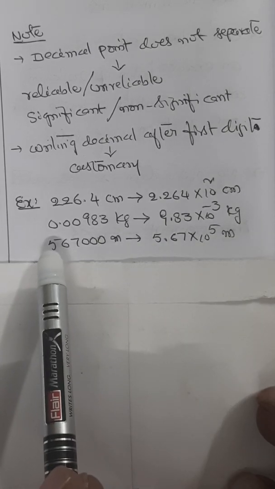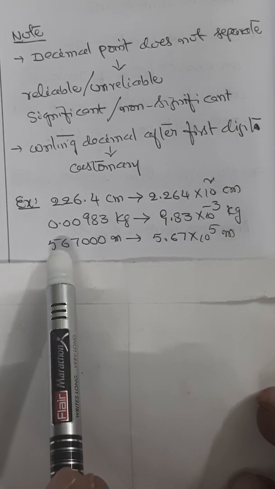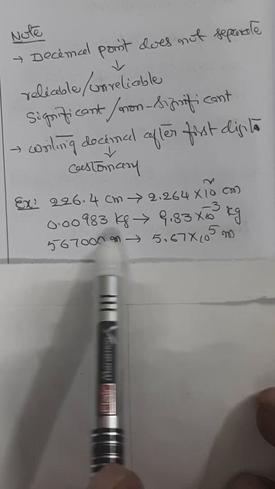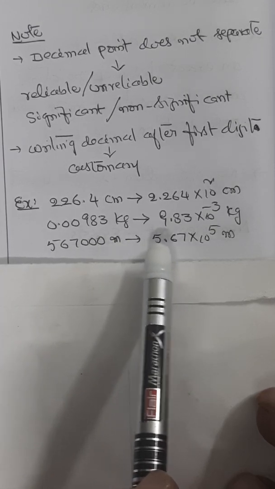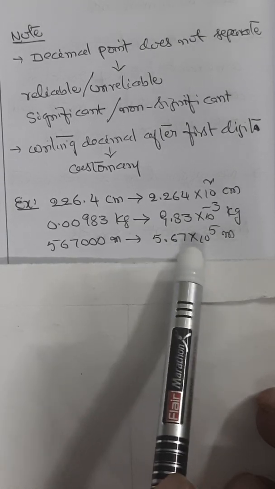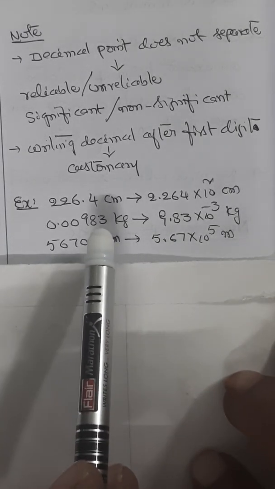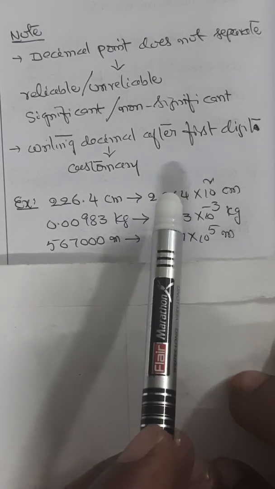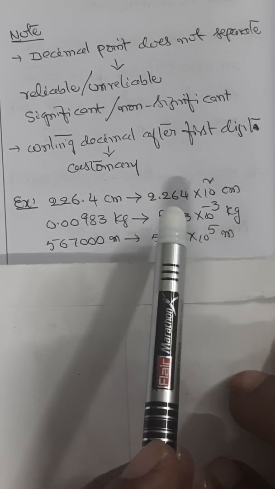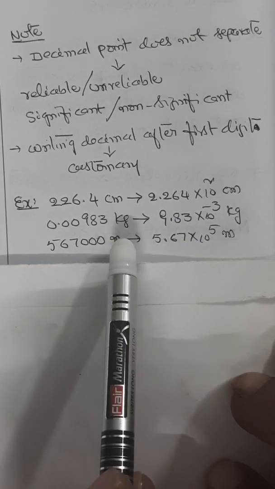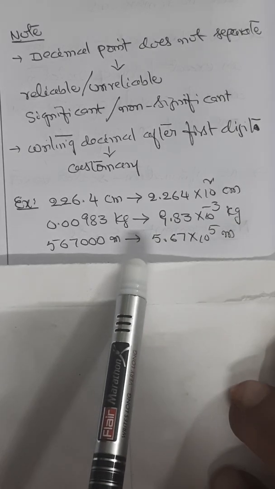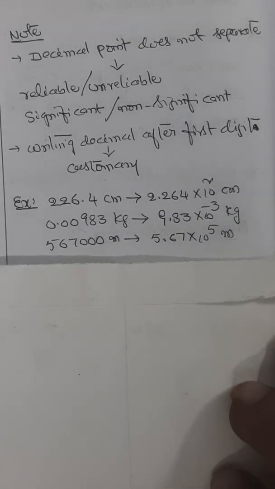Similarly, if you take another distance, 5 lakhs 67,000 meters is written as 5.67 into 10 power 5 meters. So the decimal point does not separate reliable and unreliable, or significant and non-significant digits. It is always customary to write the decimal after the first digit. This is what we need to know about significant figures.